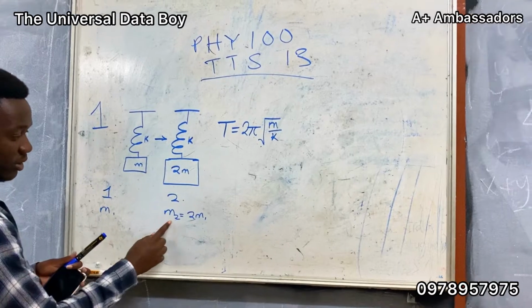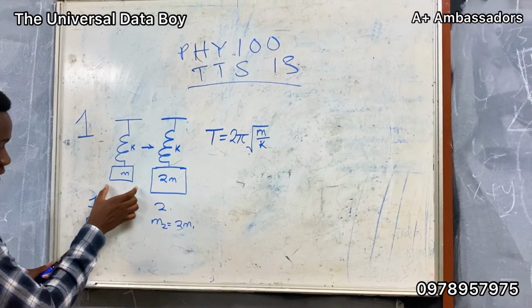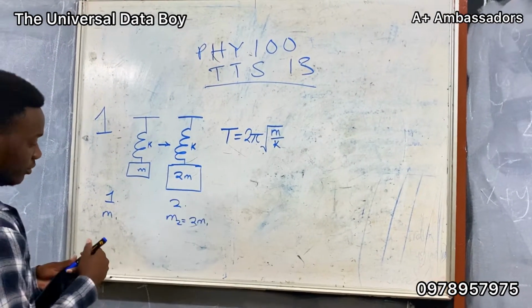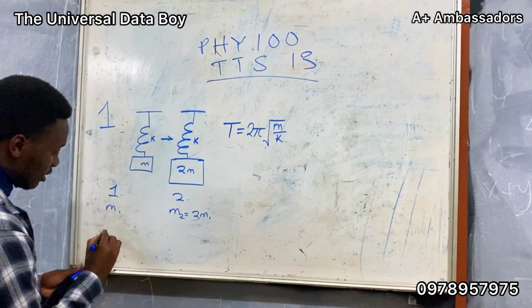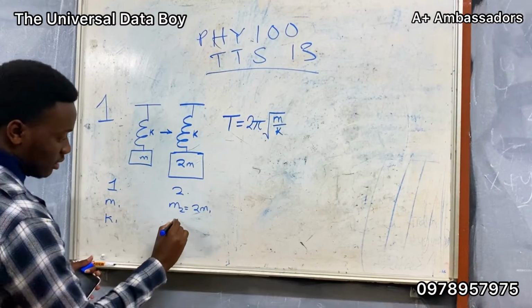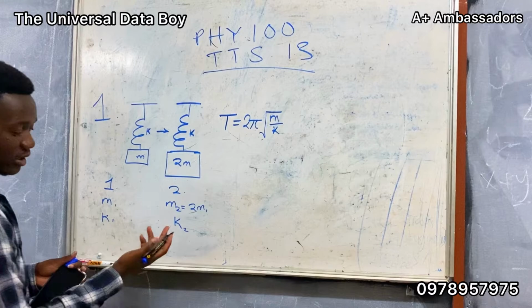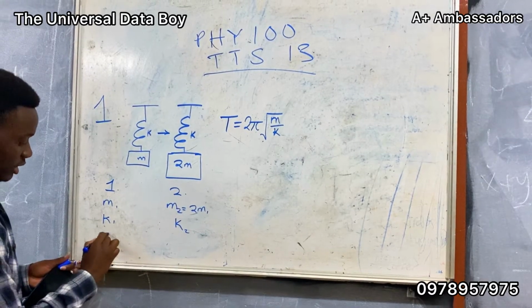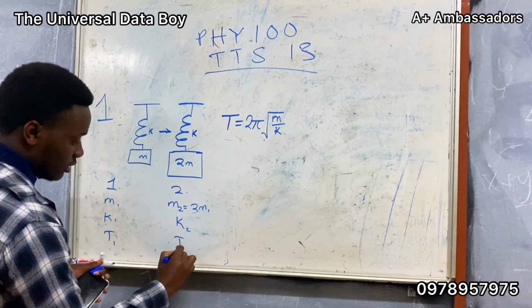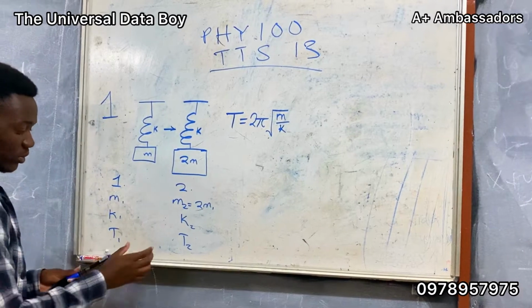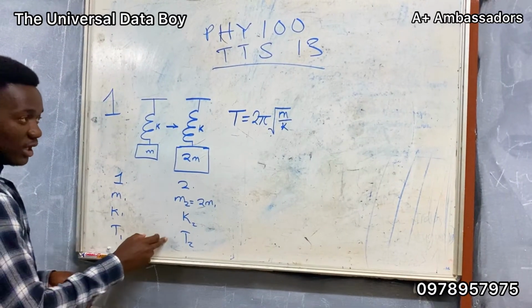Then we have k1 and k2, where k1 is equal to k2, and then T1 and T2. We want to see the relationship between T1 and T2.